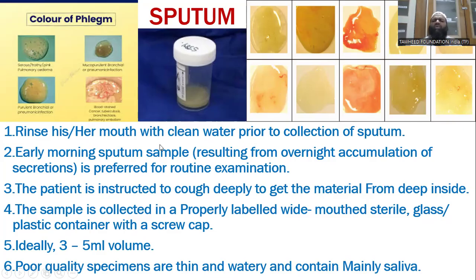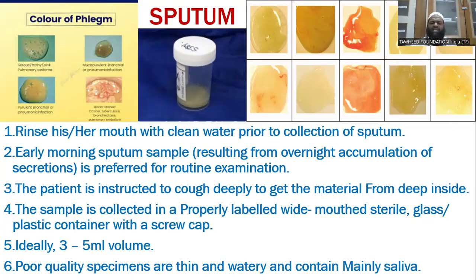So how are you going to collect the sputum? Rinse his or her mouth with clean water prior to collection of sputum. An early morning sputum sample, resulting from overnight accumulation of secretions, is preferred for routine examination. The patient is instructed to cough deeply to get the material from deep inside.